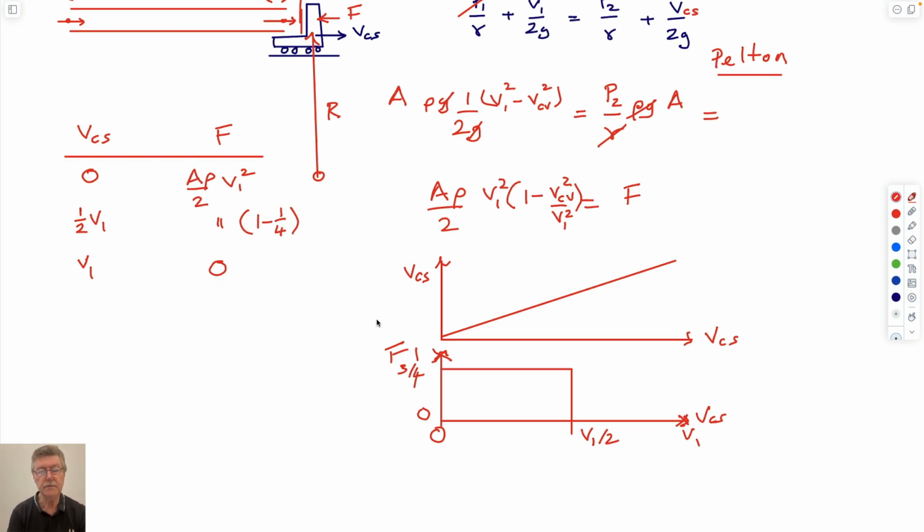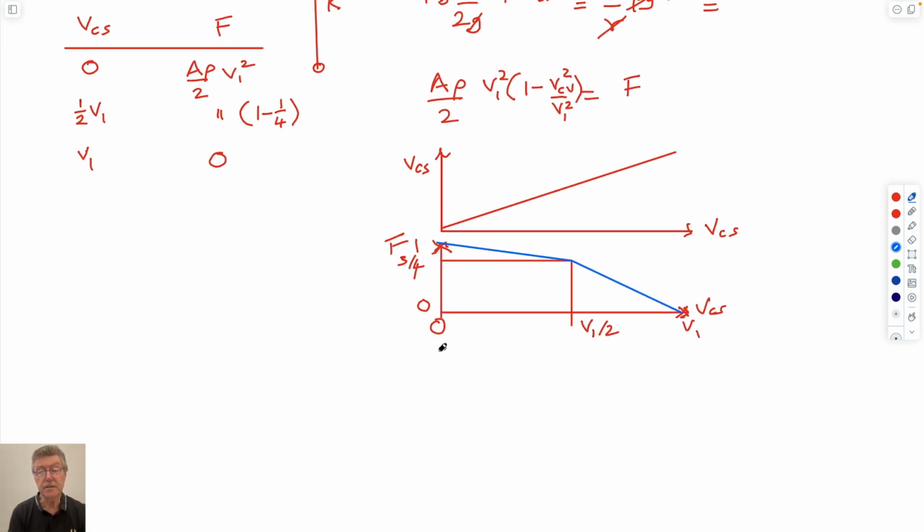Right? 1 minus 1/4. And so if I draw that, see how well I can draw it. No. Sometimes it likes to draw a curve, but not today. I'll just draw it. It's a continuous line, but it's going to look something like this.